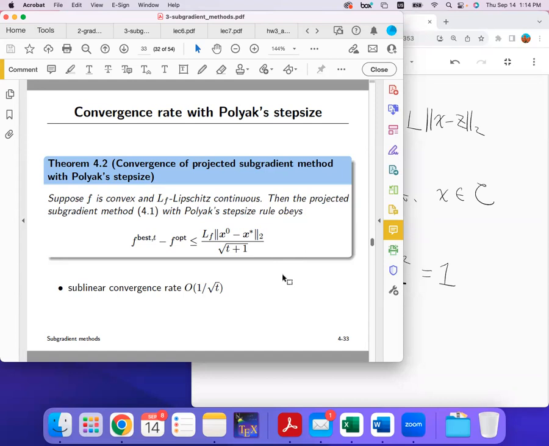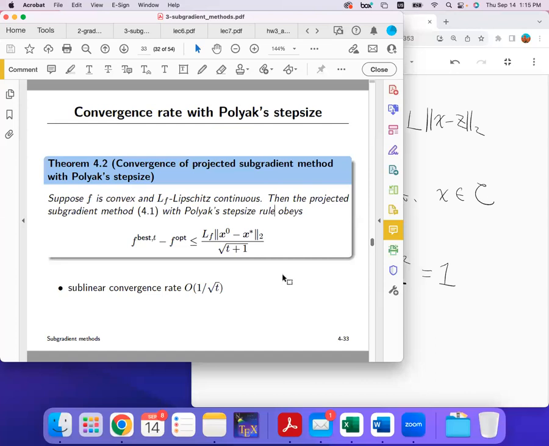So this shows that if you do alternating projection, then the distance between the point and the intersection is going to diminish at the rate 1 over square root of t.